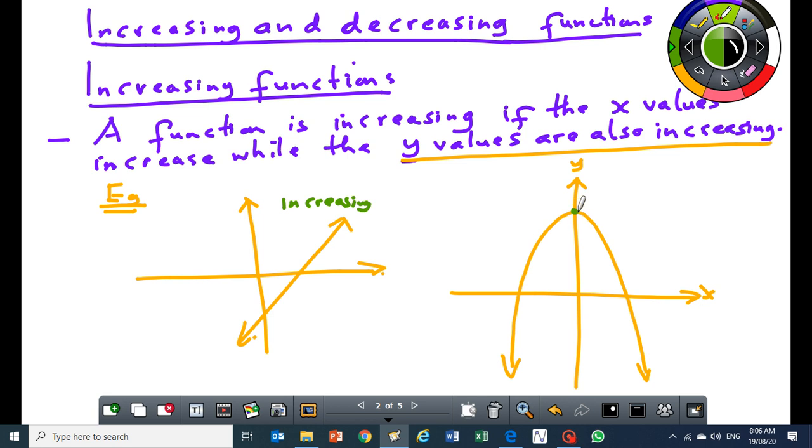So it's an increasing function to the left of the turning point.